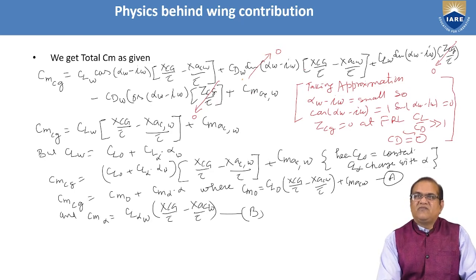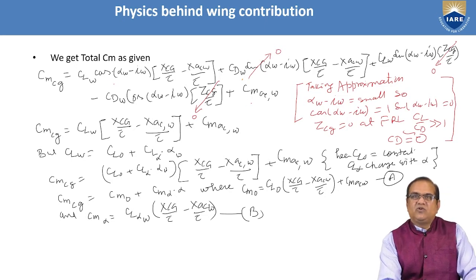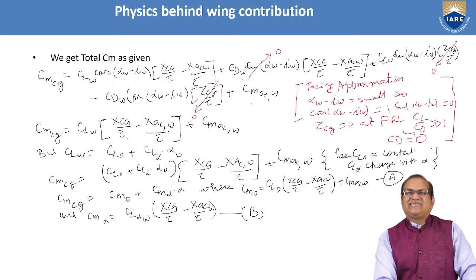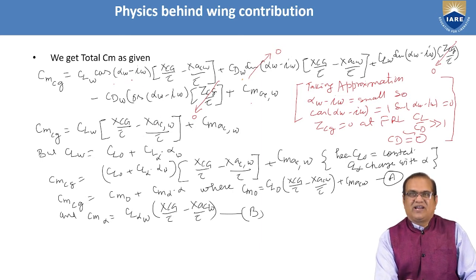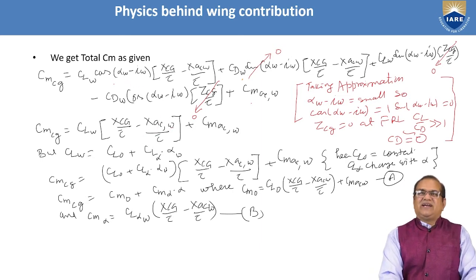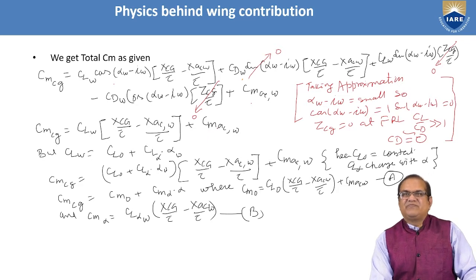So we are left with only two terms. So Cm_CG is equal to C_LW (x_CG by c bar minus x_ACW by c bar), because the cosine has become 1, plus Cm_ACW.